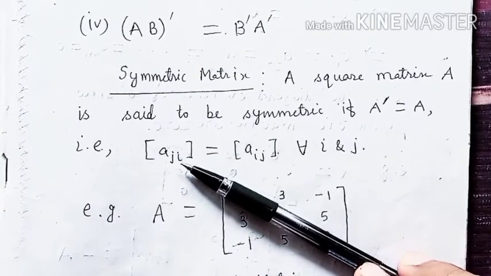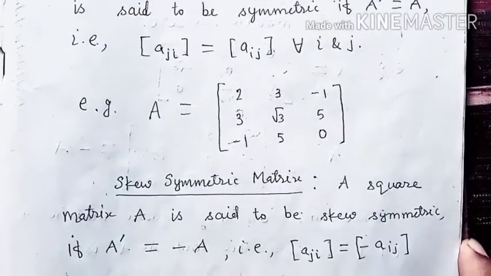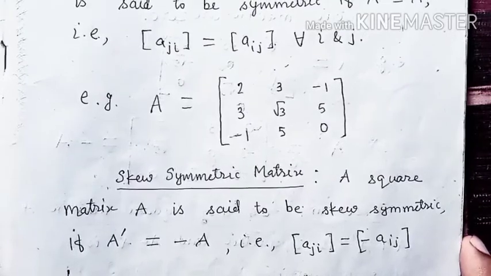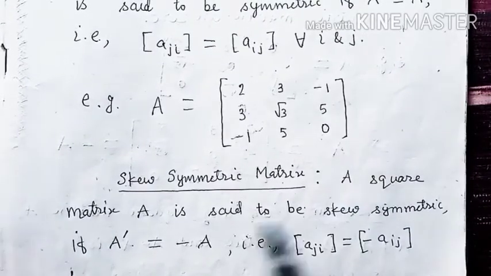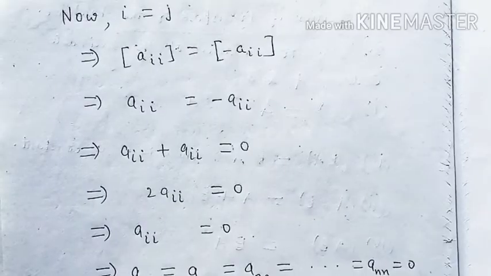Now let us discuss skew symmetric matrix. A square matrix A is said to be skew symmetric if transpose of A is minus A. That is, Aji is equal to minus Aij. Now we are going to establish that the diagonal elements of a skew symmetric matrix are 0.